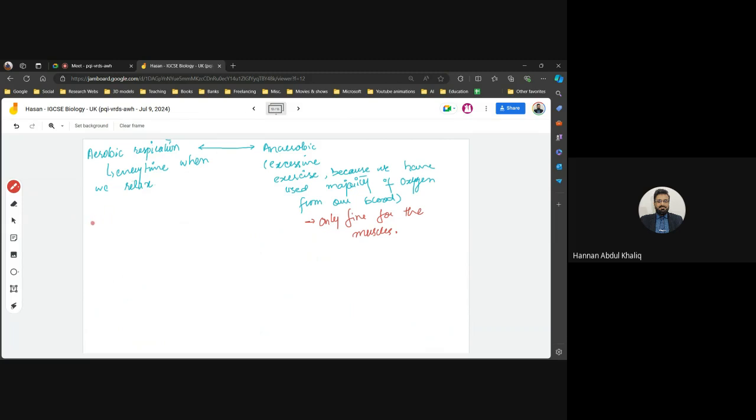As I have already told you, this is about excessive and vigorous exercise. Initially, when oxygen is available, aerobic respiration would occur.